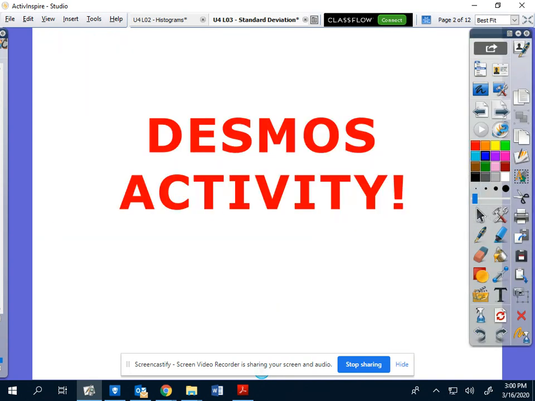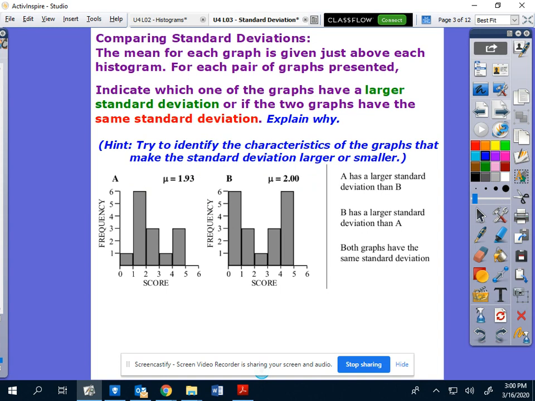But what we're looking at today would have been on Desmos, and it's about standard deviation. So standard deviation, as a reminder, is just about how spread out your data is. So the first thing we're going to look at is how we can use histograms to compare spreading out your data. So we're going to have 2 histograms here, and it says that the mean for each is given, but we don't really care.